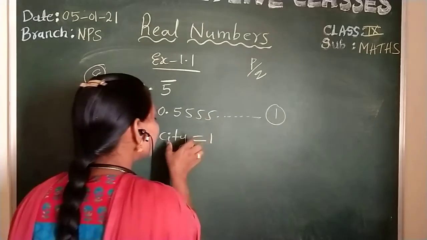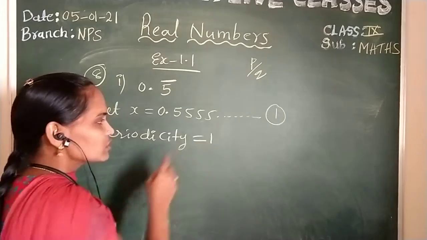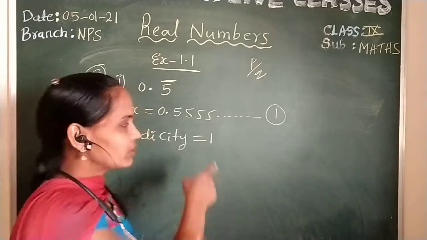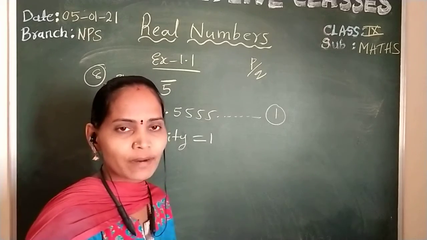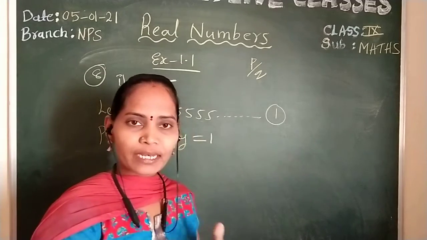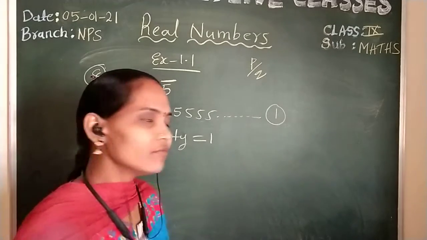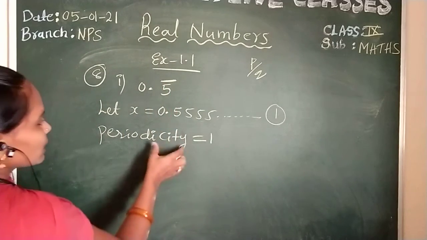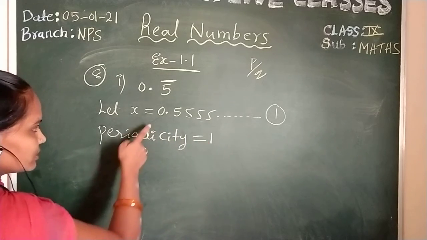Now it depends on the periodicity. If it is 1, we should multiply equation 1 with 10. If periodicity is 2, we should multiply with 100. If periodicity is 3, we should multiply with 1000. So here periodicity is 1, in the sense I am multiplying with 10.